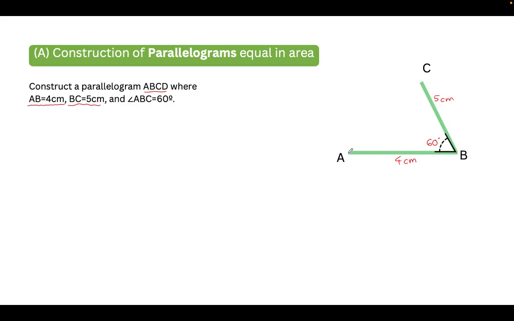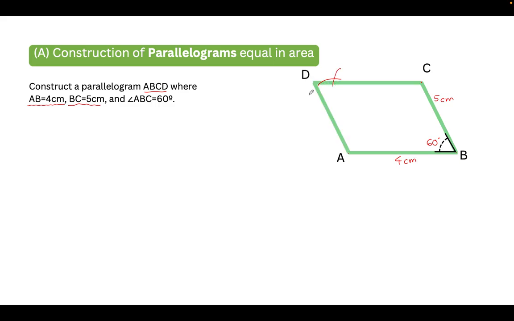First we will set the compass to a radius of 5 centimeter. We will do this arc, and then we will construct CD with 4 centimeter. We will point the compass here, and mark an arc somewhere here.